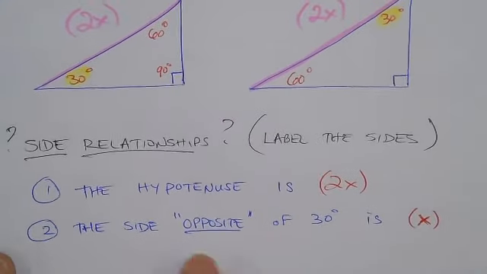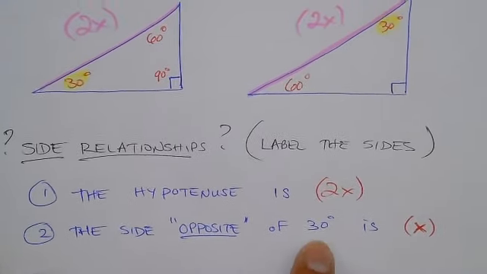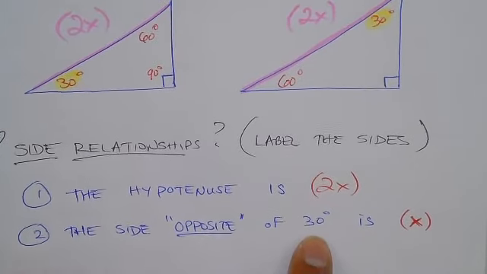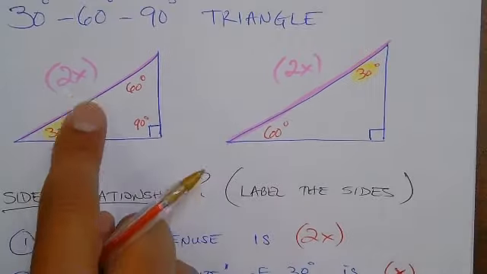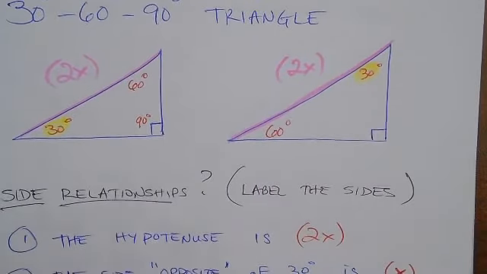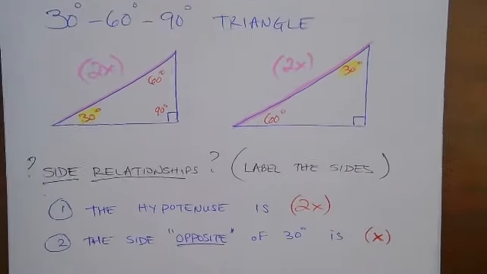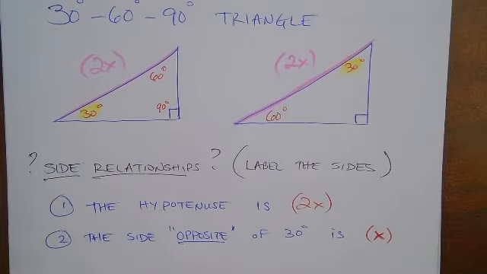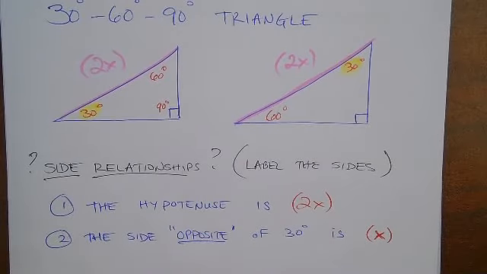Go ahead and find your 30 degree angle. And the side that is opposite of it, that's the x side. Go ahead, label it off on this one and label it on this one. Let's see what you do. The side opposite of 30 degrees is x.